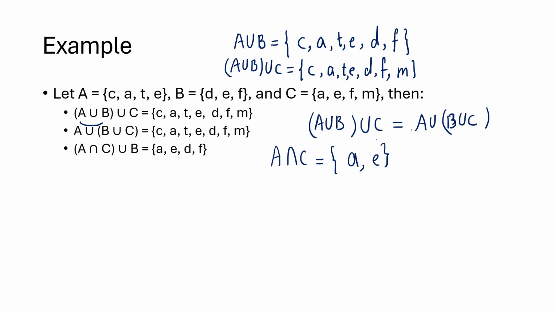Now that we have A intersection C, we can take the union of that with B. So we write A and E, which we already have, and then we look at B to see if it has any new elements to be added. It has D, we add that, E is already here, and also F. So A, E, D, F is the result.